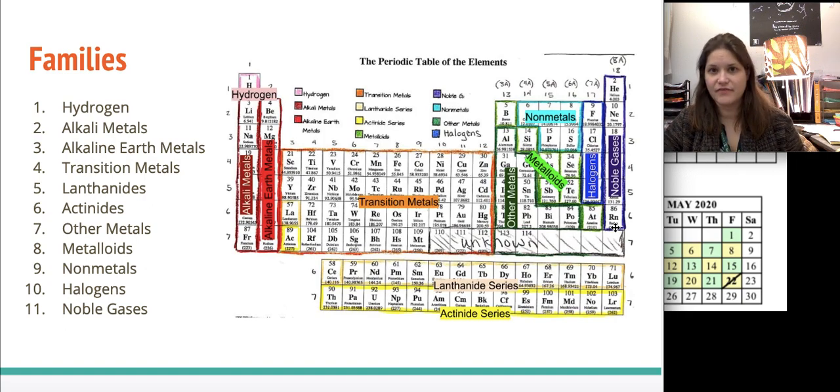They've already satisfied the octet rule. They don't need to react. They're done. They're happy. They're stable. So they're not going to react unless you put them under a whole lot of pressure. So their reactivity is almost none, because they will react if they're under enough pressure, but it doesn't happen in nature. It can only happen in a laboratory.